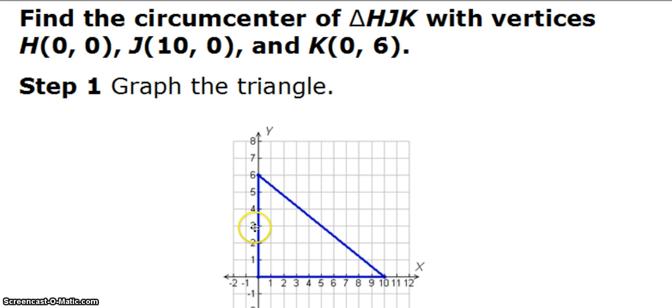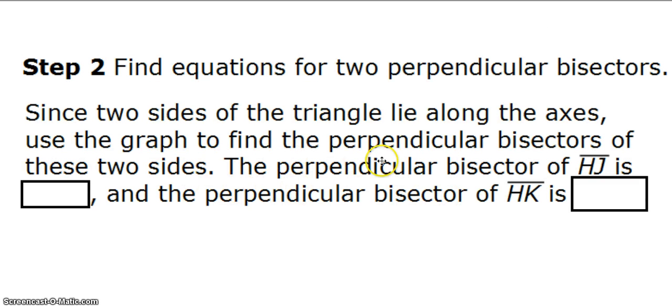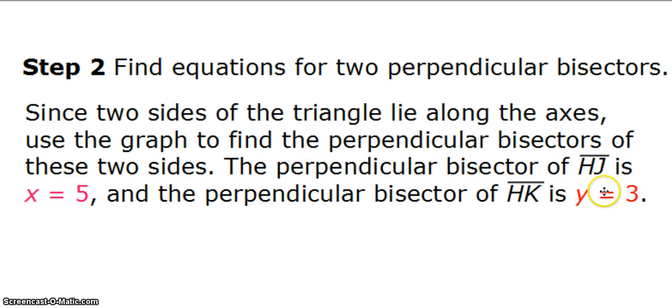So if it's a bisector, it's cutting this leg in exactly half. So it would be a horizontal line at 3. Okay? So that is what is said in this reasoning here. The perpendicular bisector of HJ is x equals 5, and the perpendicular bisector of HK is y equals 3.